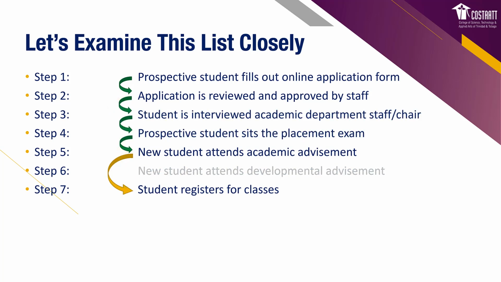We have one more. How about this? Most students do not need to meet with and be advised by the developmental advisor. The developmental advisor's role serves a certain group of students, and as such, it is likely that most students will have to skip step 6, which is a good thing, by the way.